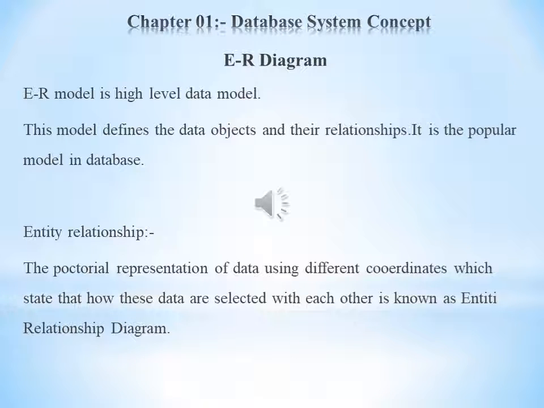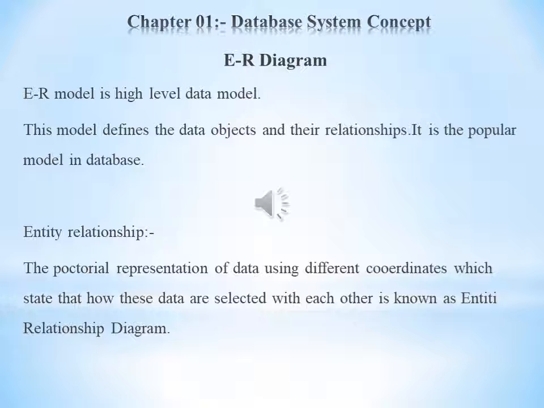ER diagram, entity relationship models. In 1976, the entity relationship model was developed. It is useful in conceptual design. It is a high-level data model. This model defines the data objects and their relationships.